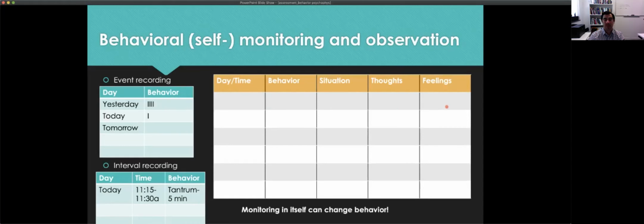So if I were working with someone in substance use treatment and the behavior they were looking at was either drinking or smoking a cigarette or using an e-cigarette or something like that, and they wanted to cut down, they would be tracking when that behavior was coming up. They would be tracking what situation they were in.